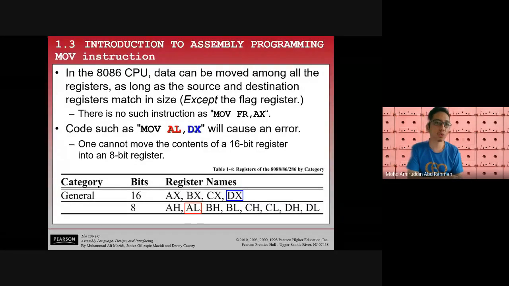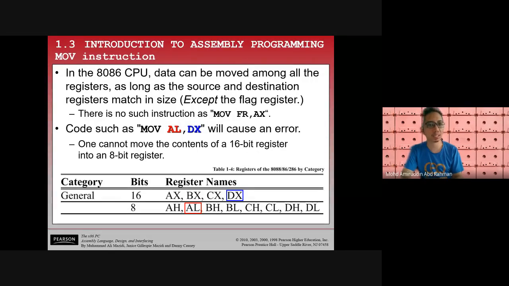Let's have a look. We also cannot move the content of a 16-bit register into an 8-bit register. For example, over here, you want to move the content of DX, which of course is a 16-bit register, to AL, which is an 8-bit register.